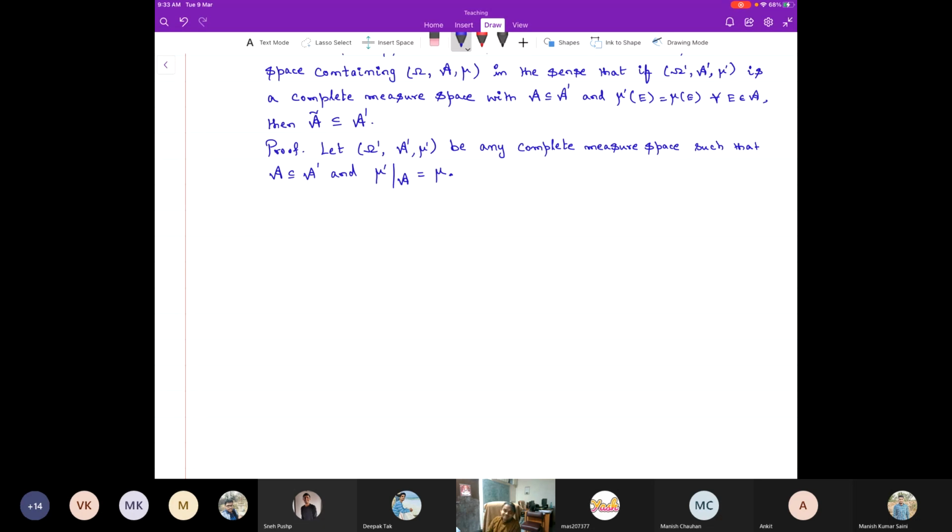What are we supposed to show? Sir, we will choose a general element from A tilde and we will show that it is contained in A dash. Any element of A tilde is of the form A union F, with A belonging to A and F belonging to N. Right.